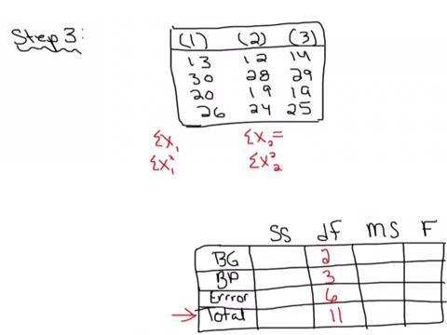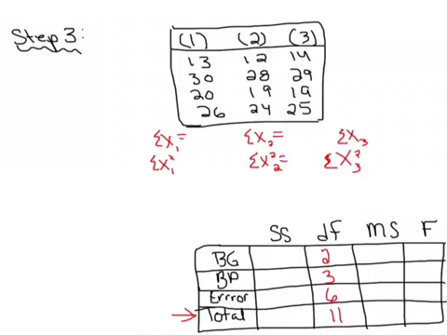I'm also going to get the sum of x for group 3 and the sum of x squared for group 3. So go through those and start calculating, and I'll show you what I'm coming up with.